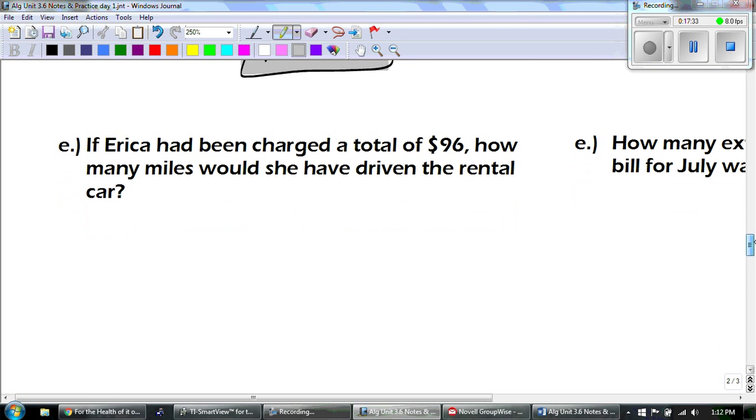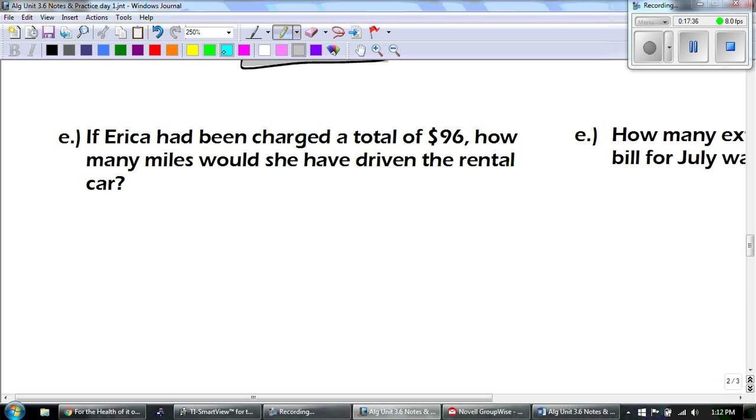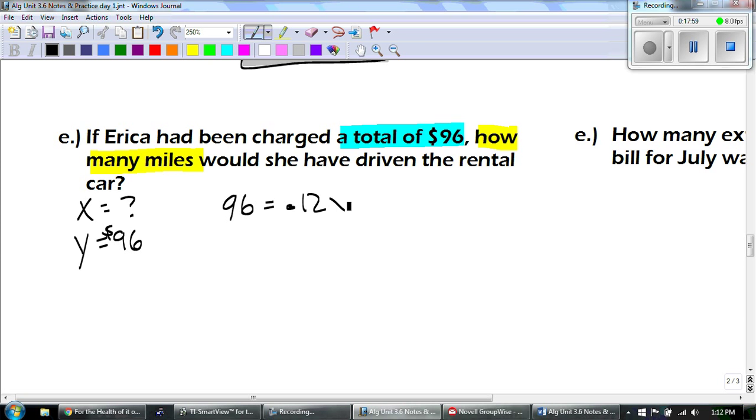E, if Erica had been charged a total of $96, how many miles would she have driven? So right there, that how many miles told me I don't know what the miles are. I just know what the total is, okay? So that's 96 equals 0.12x plus 45, and this is where we solve, okay?